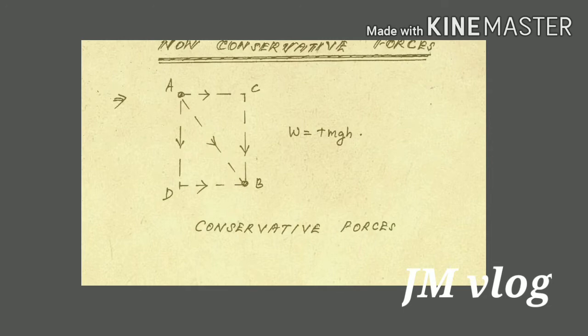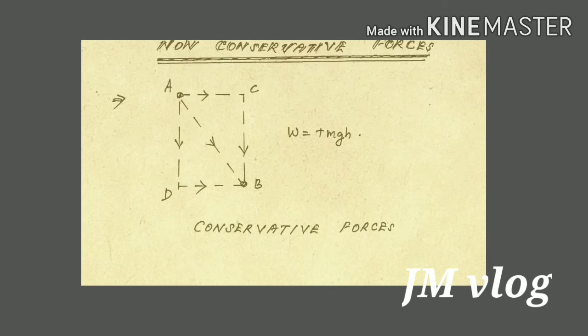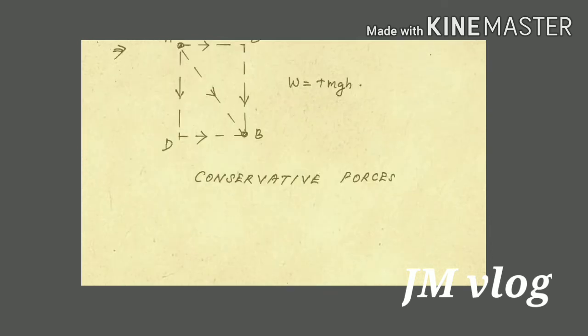So while moving from A to B, the work done is mgh. The force is mg and in the downward direction the displacement is h. So force times displacement, which is work done, is equal to plus mgh.